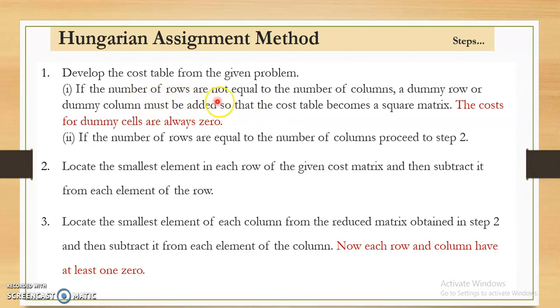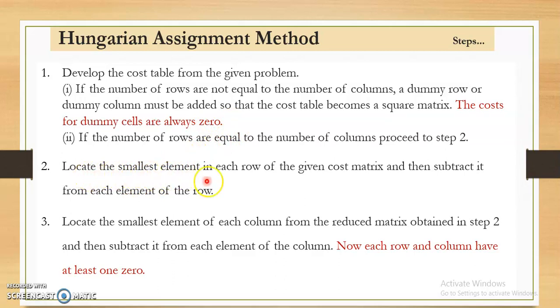If the number of rows is not equal to the number of columns, a dummy row or dummy column must be added so that the cost table becomes a square matrix. The costs for dummy cells are always 0. Its meaning is that if a problem is unbalanced, we have to balance it. And if the problem is a balanced assignment problem, let us go to the next step.